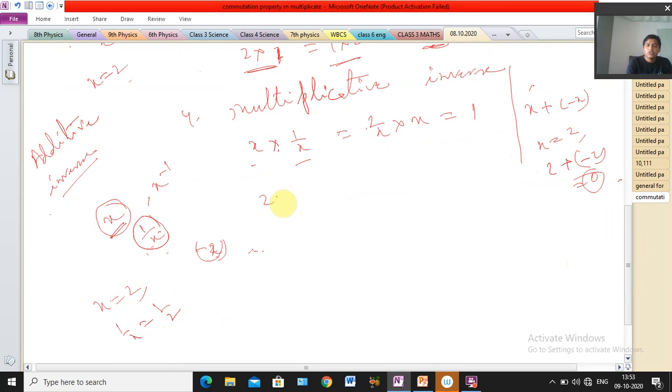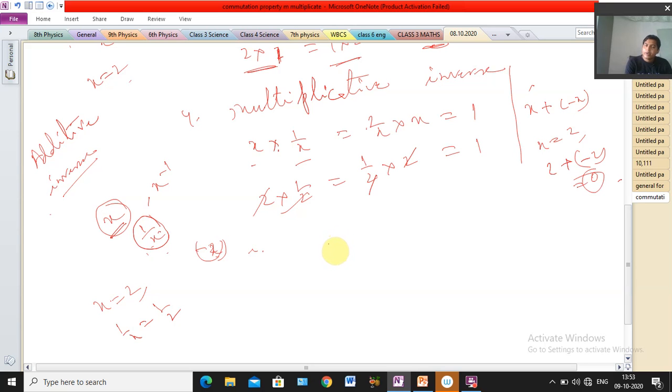Just put it here. So 2 into 1 by 2 equal to 1 by 2 into 2 equal to 1. We are getting that, check it once. 2 into 1 by 2, the 2 will be cancelled. So we are getting 1 on the left hand side and the right hand side, the same thing.